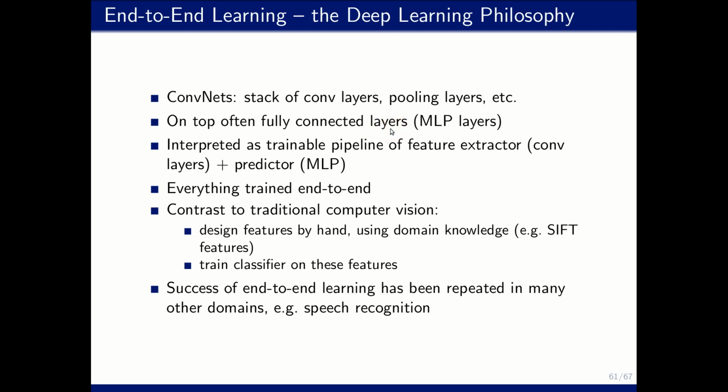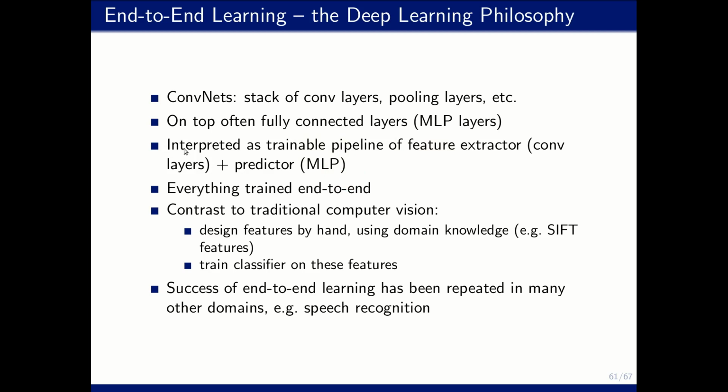This lower stack, the conv and pooling stack, is essentially a trainable feature extractor. And the whole system can be interpreted as this trainable feature extractor plus a predictor, which are these fully connected layers, or the MLP parts.